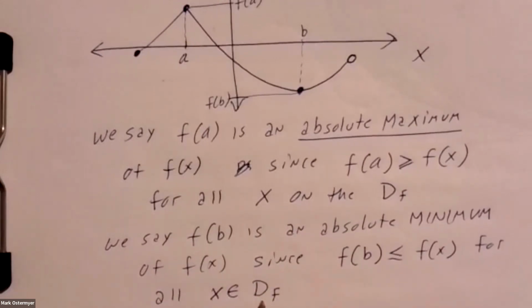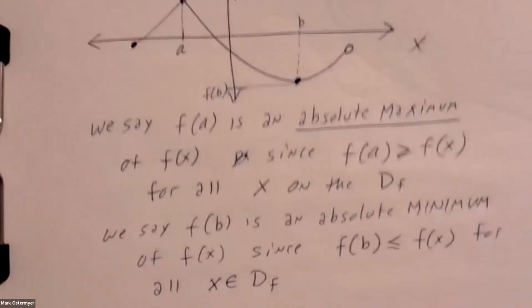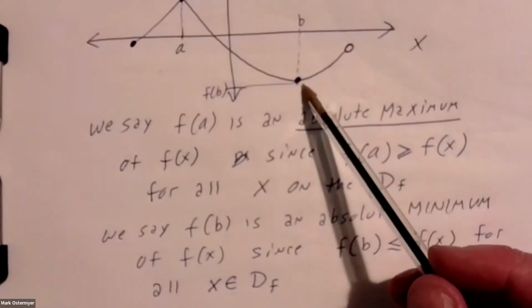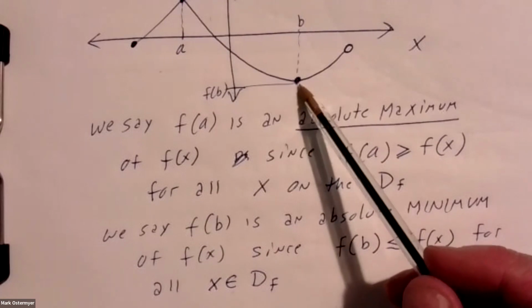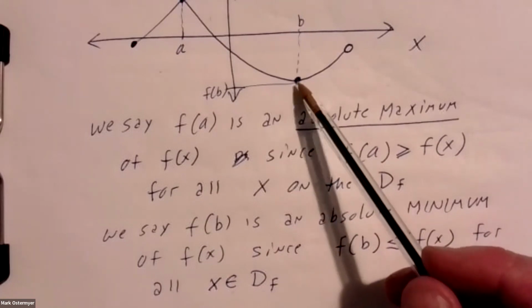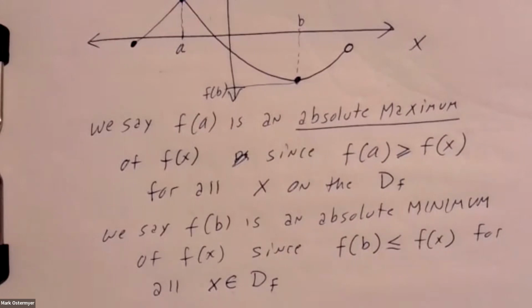This little symbol means belongs to, or is a member of, or is an element of. So that's an absolute minimum point. This also is a relative minimum point, but it's also an absolute minimum point because there is no point on the graph lower than this point. So, relative or local maximums or minimums, and absolute maximums and minimums for the graph of the function.